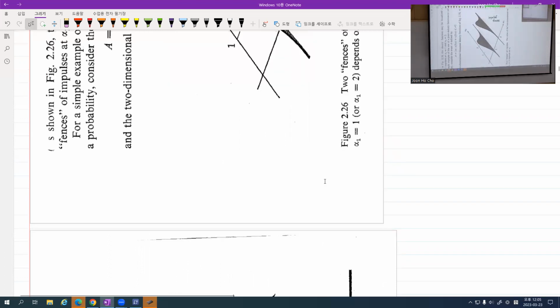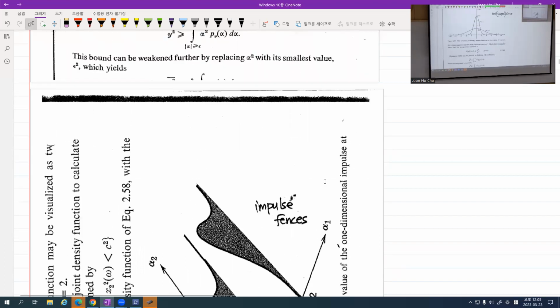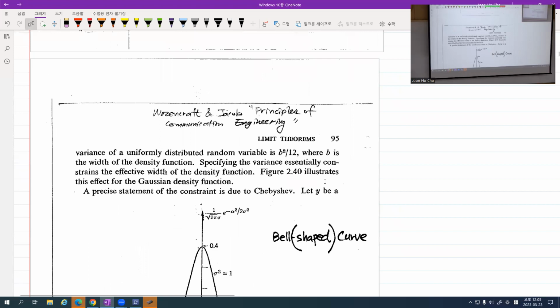By the way, this is from a very old textbook by Wozencraft and Jacobs, and you have probably never heard of these two authors. The book was written in the 1960s, I remember. It was a kind of bestseller in graduate school when my advisor was a student.